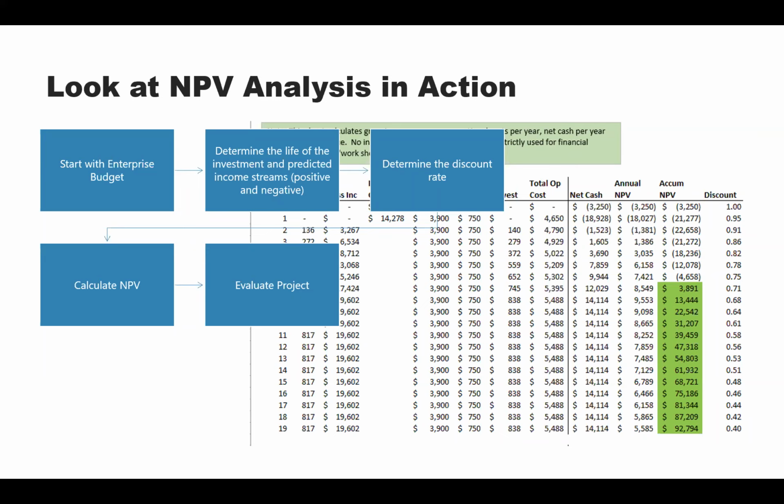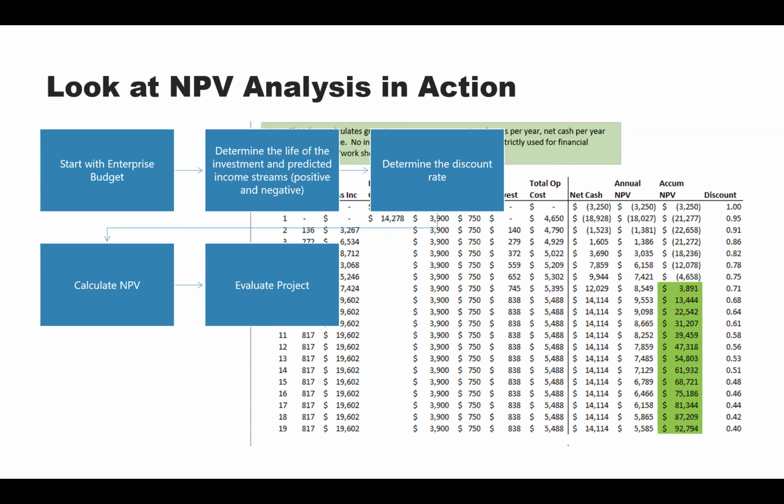And then you determine the discount rate. And as I said, if you make the rate lower, you are assuming that there's less risk and you're setting the bar lower for this to be a good investment, or you're making it easier. If you set a low discount rate, you're making it easier for this to be a project that you will accept.